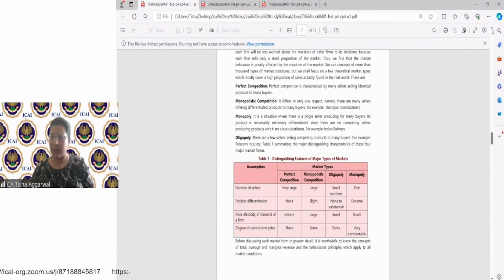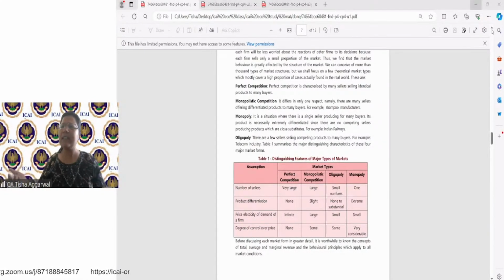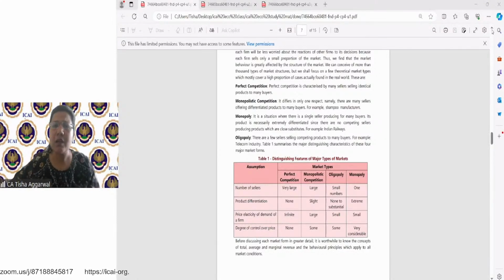But tell me one thing, in reality, do you think such kind of market can exist? Will such kind of market exist, people? Yes or no? No. Yukta says no, ma'am. Because practically it is not possible to sell absolutely identical product at identical price with no variation.